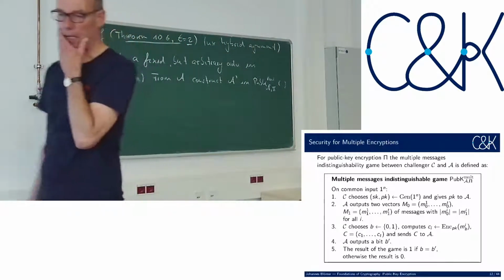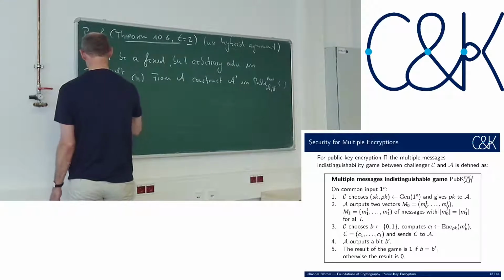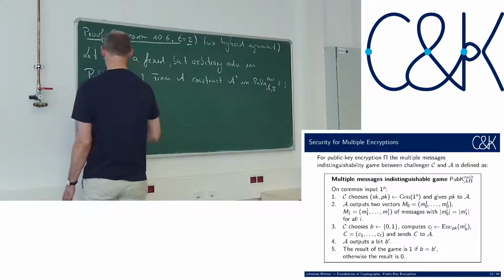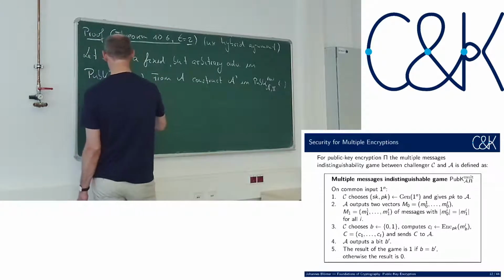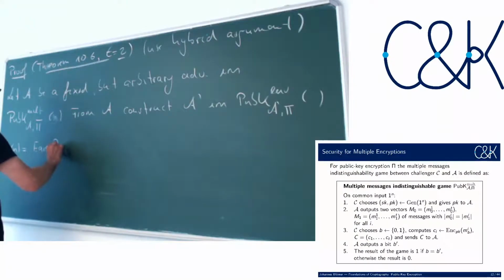And by epsilon n, I denote the eavesdropping advantage of A this way.